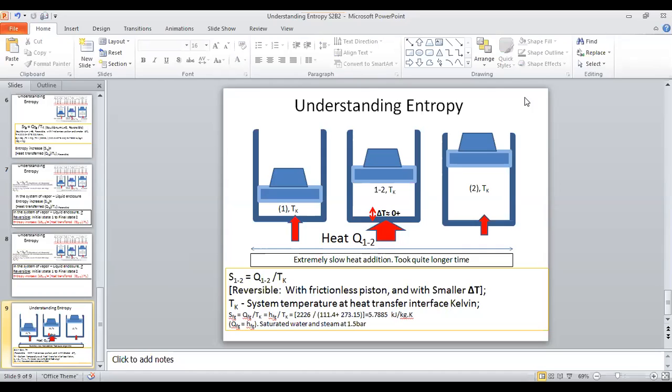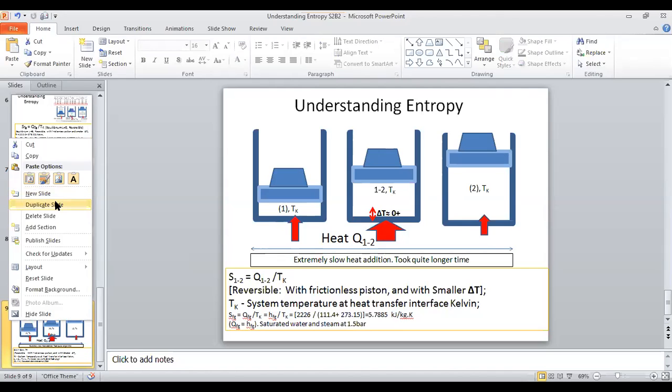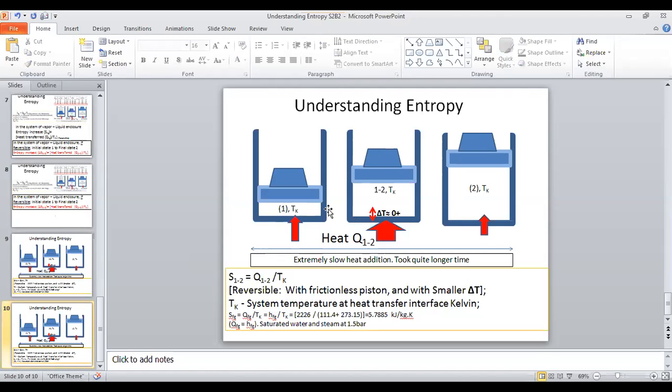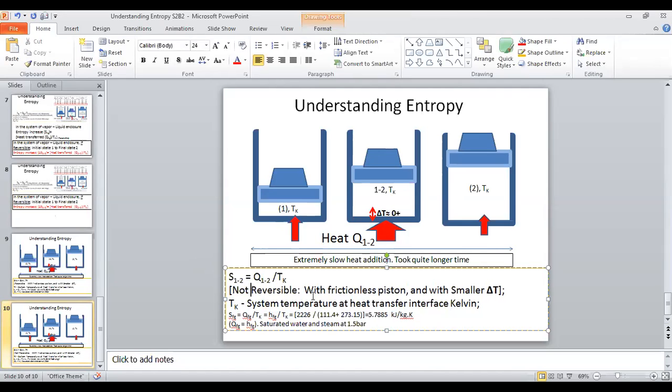I'm going for another slide. Now the situation, let's say, not reversible, with a friction piston, with not to say small, a significant delta T. Tk can be the same.